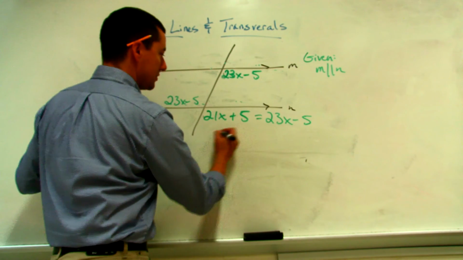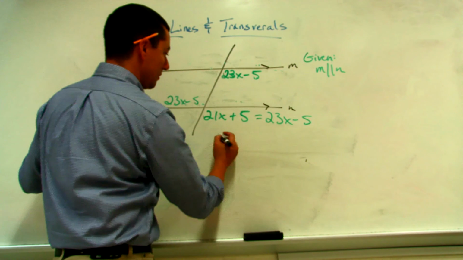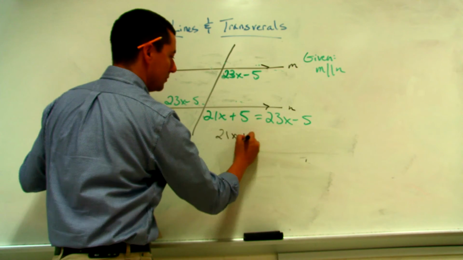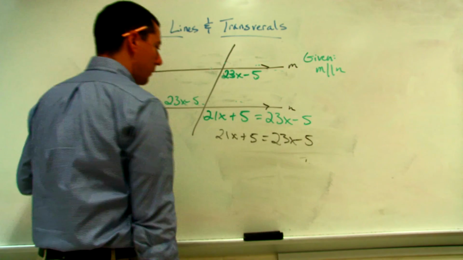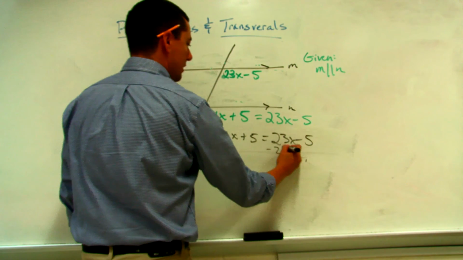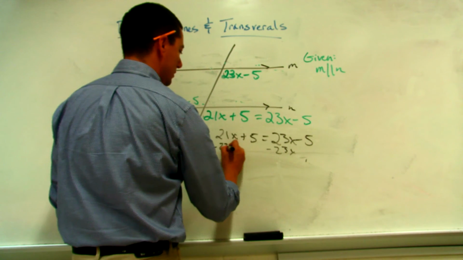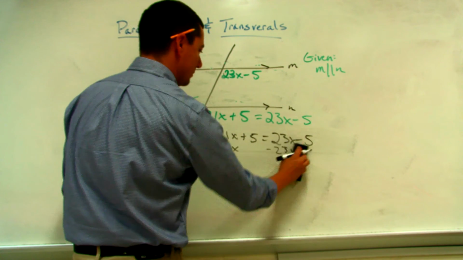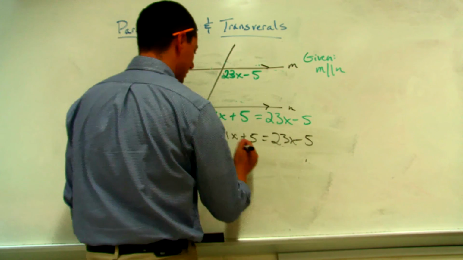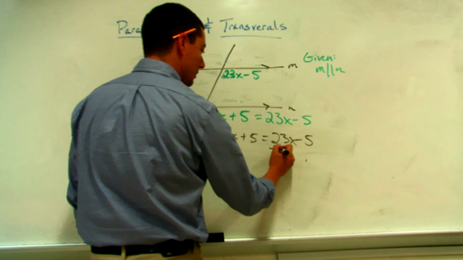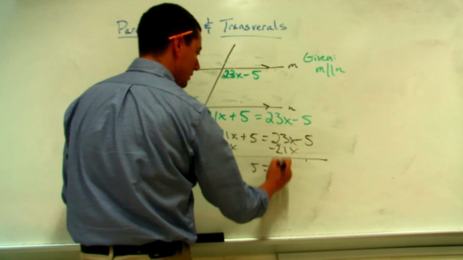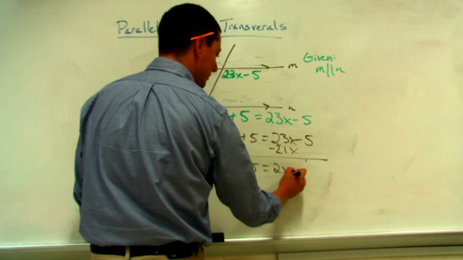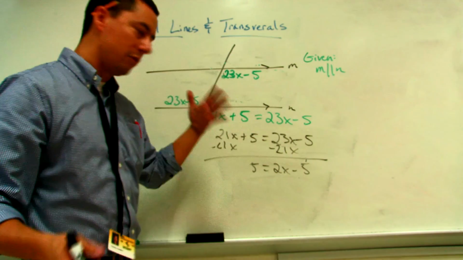All right, so I've got my equation here. I'll subtract 21x from both sides. We get 23 minus 21 is 2x minus 5. Obviously, it doesn't matter what you subtract first.